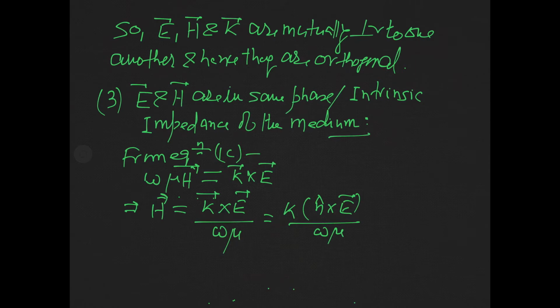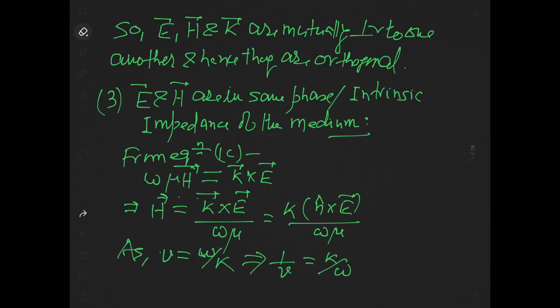And again we know that the phase velocity of the wave v is equal to omega by k. So this implies 1 over v will be k by omega.